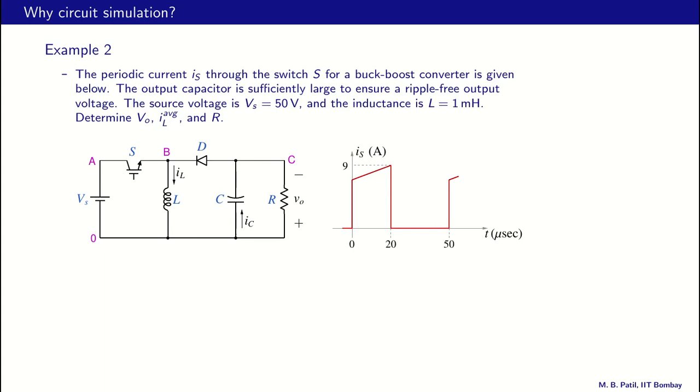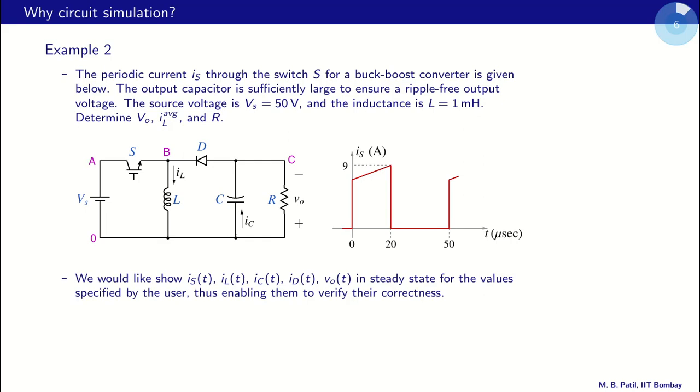What do we want our notebook to do in this case? Let us see. So the user is going to enter some value of the resistance R, and then we have all the parameters of the circuit. With that input, we should be able to calculate all the currents, the source current, the inductor current, the capacitor current, and so on, and also the output voltage.